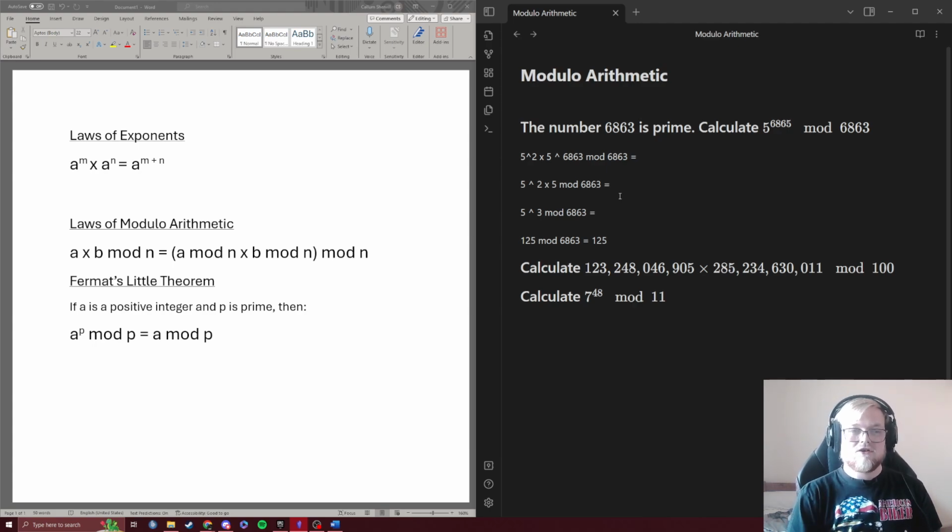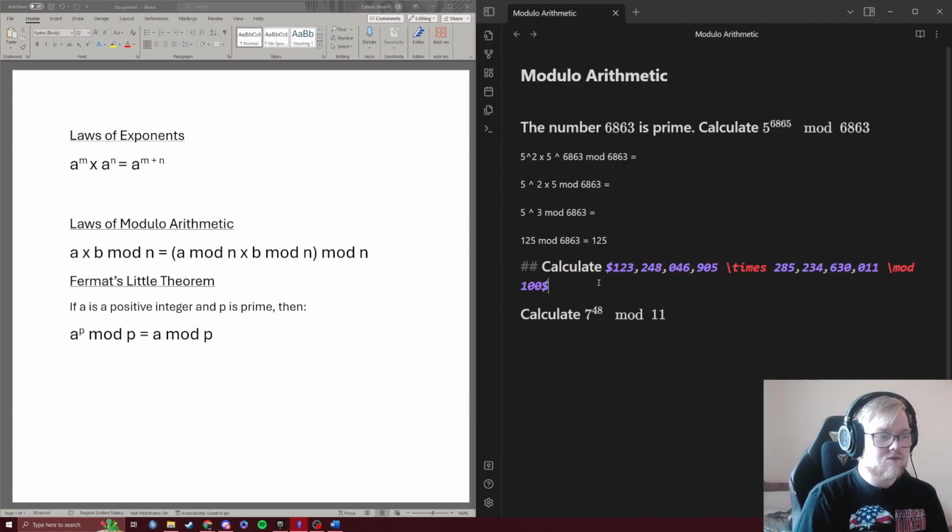The answer to the question, what is 5 to the power of 6,865 mod 6863, is 125, using those methods. And we know that's right, because we have used the theorems that were shown. So that is a little bit complicated. You have to divide out the question and put it back together, but that is not too hard to learn.